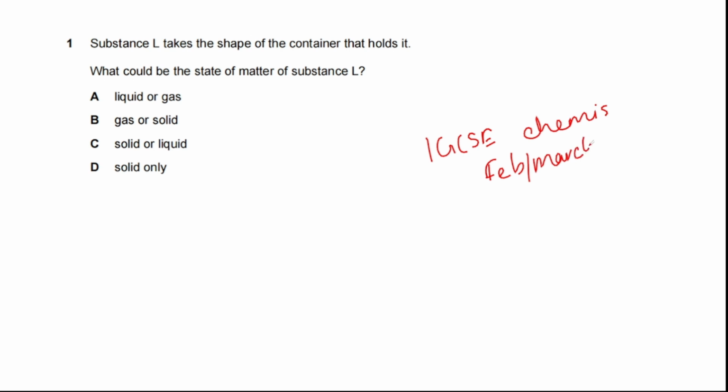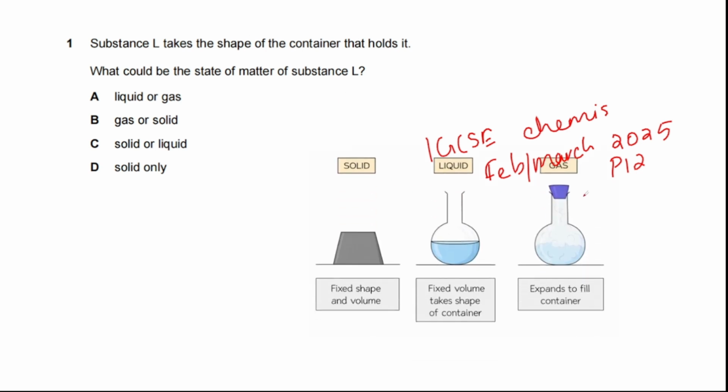March 2025 paper 1-2. So the first question is: substance L takes the shape of the container that holds it. What could be the state of matter of substance L? So these are the three states of matter, and which will be taking the shape of the container.